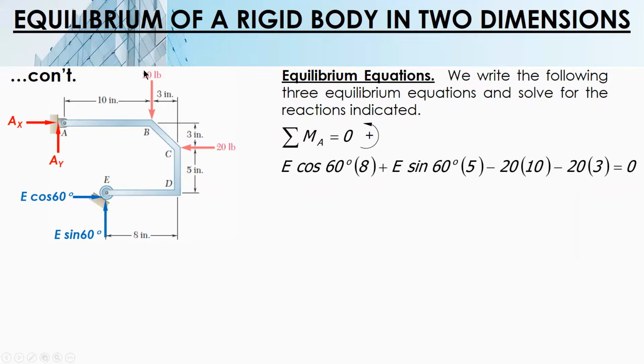Positive, and then 20, clockwise, 20 times 10, 20 times 3 for this one. And we can solve for E. 60 degrees is the direction.